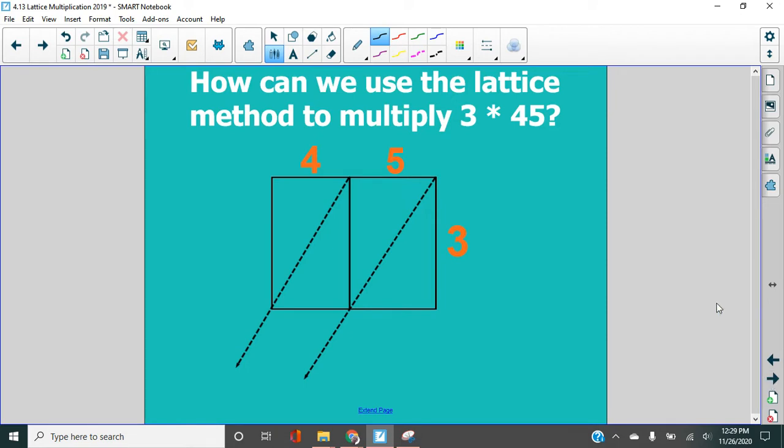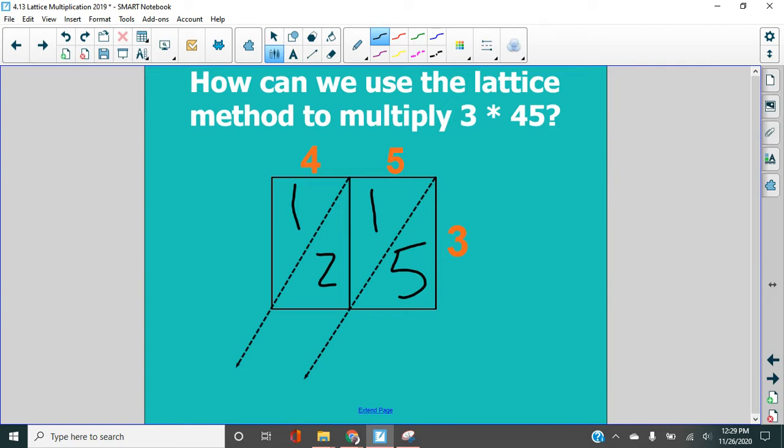The way that we look at this, okay, is we have our 3 here and our 5 here. Think about it just like a multiplication fact chart. So 3 times 5 is 15. And we write it like that. And then for this box, we have 4 times 3. 4 times 3 is 12. So we have our 2 facts there.